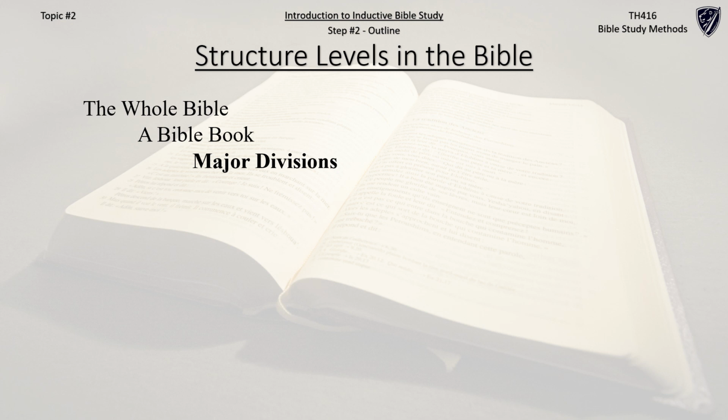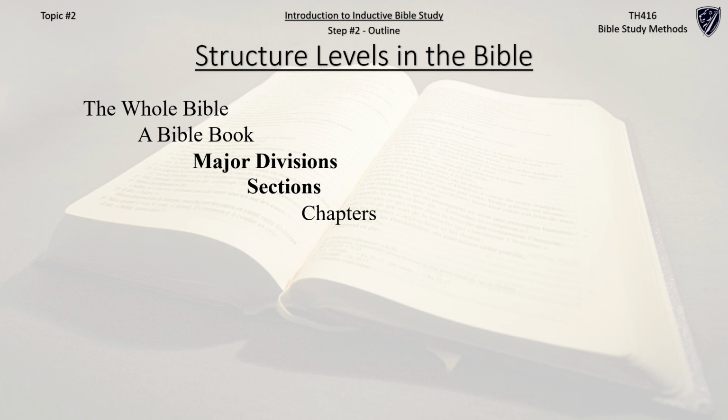That would be the idea of a major division. Below that, another term we use is sections. And so this would be below major divisions, but then these are smaller pieces that together make up the major divisions. And so sections are usually bigger than a chapter, and that would be the next portion, chapters. So usually several chapters will make up a section.